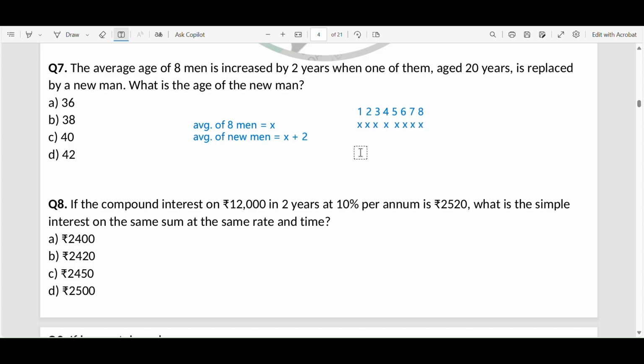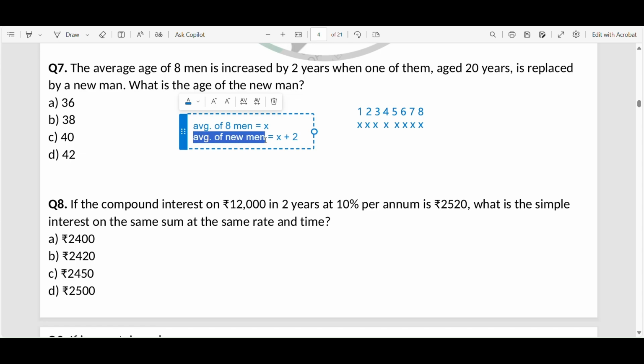As you can see here, we are having 8, and for every person 2 years was added. So 8 into 2, you will be getting 16. So 16 years of age was increased in total. The difference between the sum at the beginning and the sum at the end is 16.